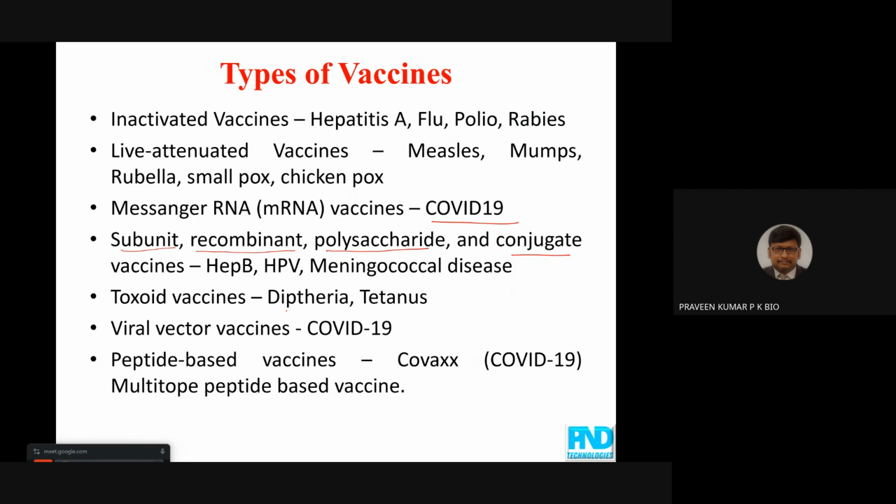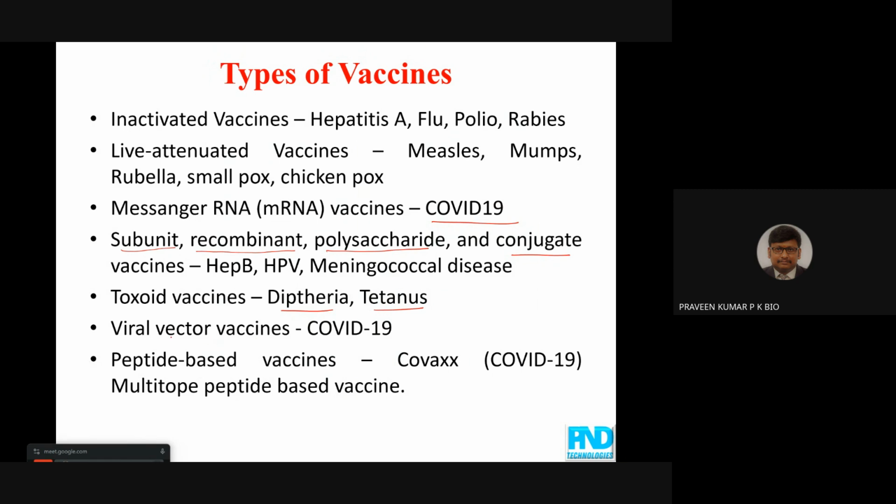Okay, so the examples are diphtheria, tetanus. If you see any bite from small animals to large animals, obviously the doctors recommend you to take tetanus. So the tetanus is treated through toxoid released from the bacteria.